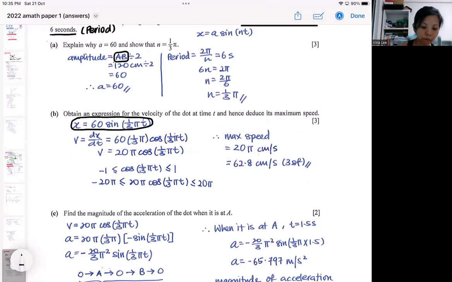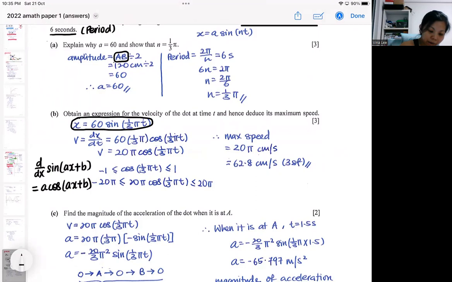When you do the differentiation, you are using sine ax plus b equal to a cos ax plus b. In this case, my a here is 1/3 pi. So I differentiate, and I get the velocity.